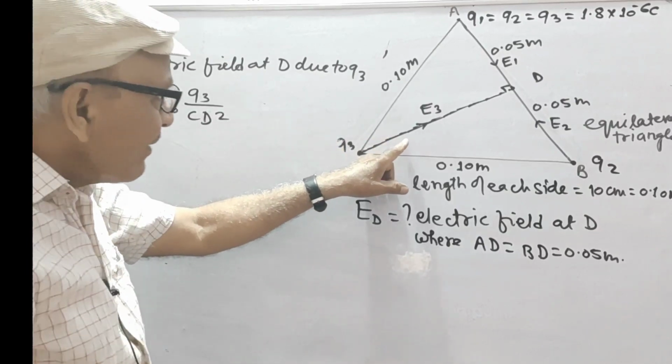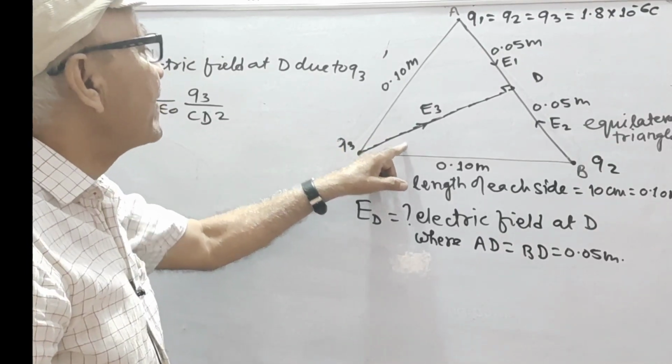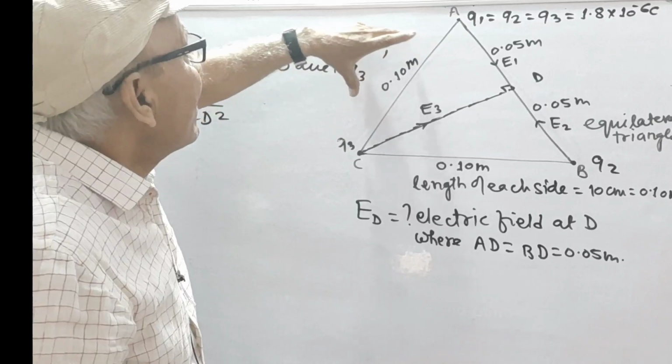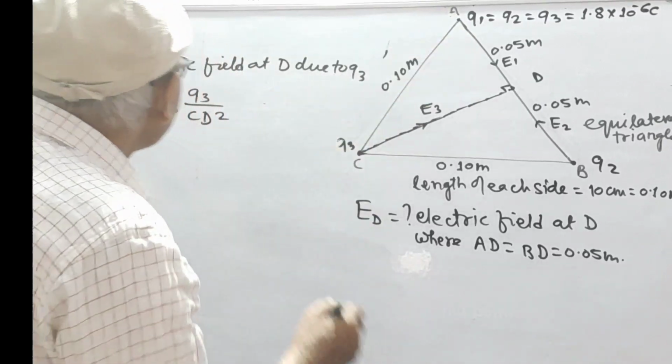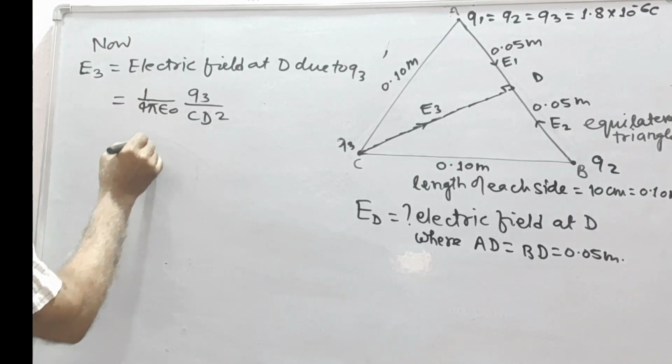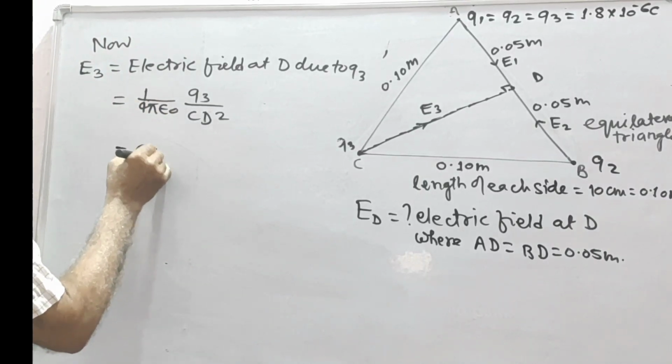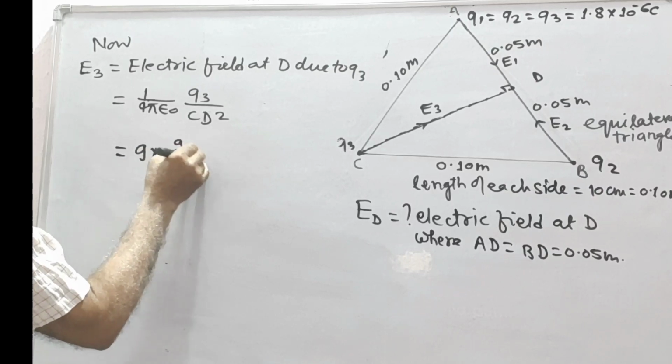CD square from Pythagoras theorem will be equal to CA square minus AD square. So putting the values, its value is 9 into 10 to power 9.